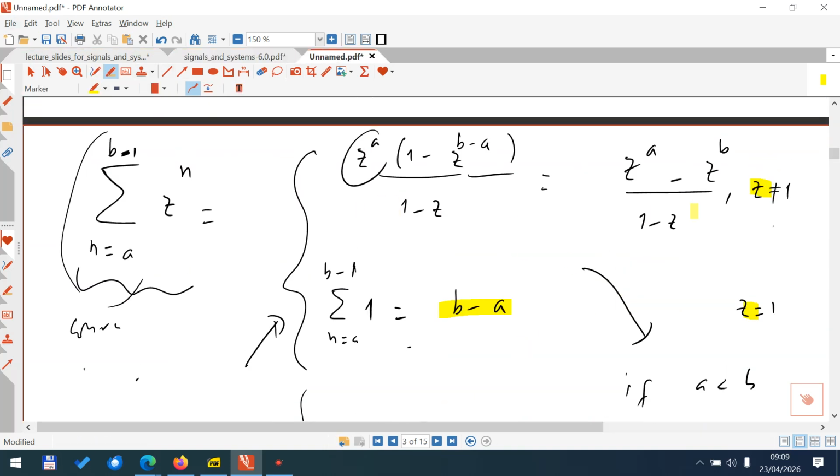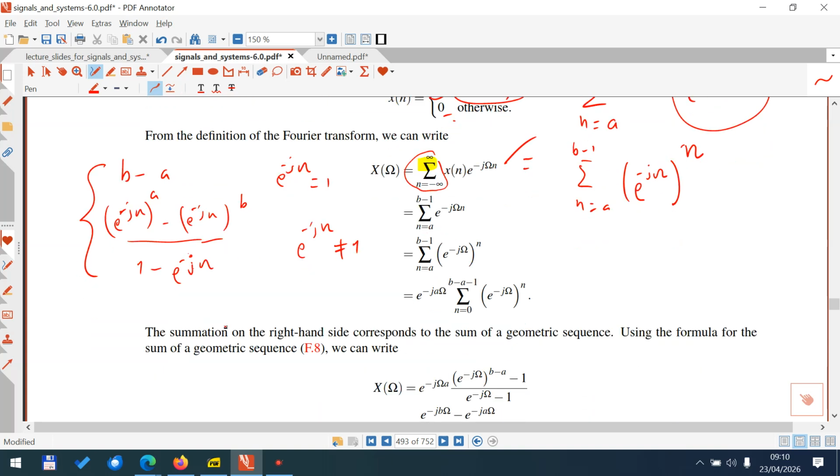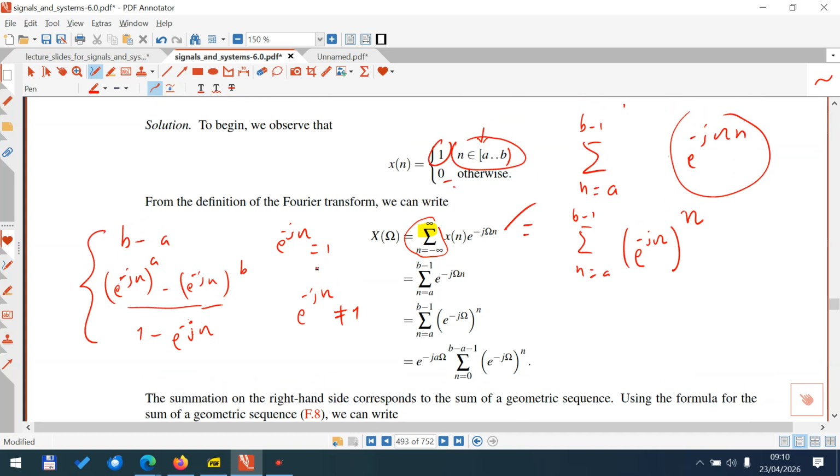No, you have this, yeah, z to the a minus z to the b. Okay, so exponential minus j omega raised to a minus exponential minus j omega raised to b, right? And they're both true when a is actually less than b.